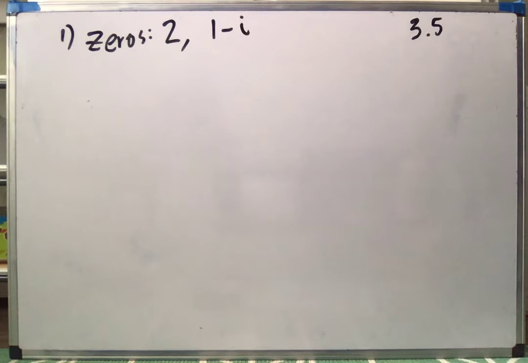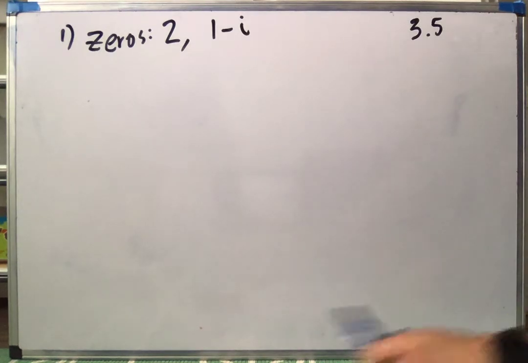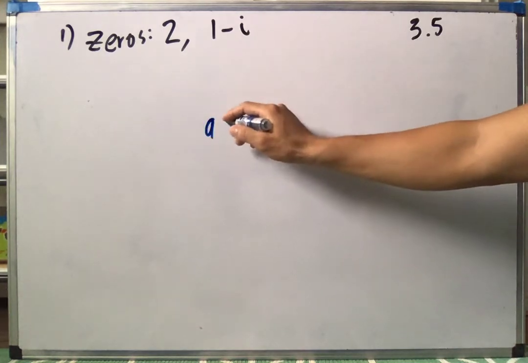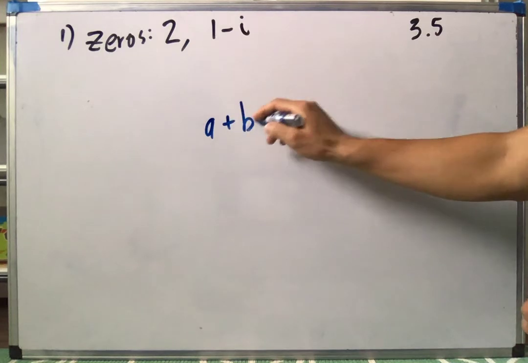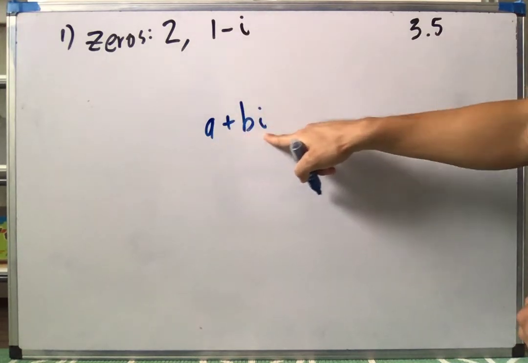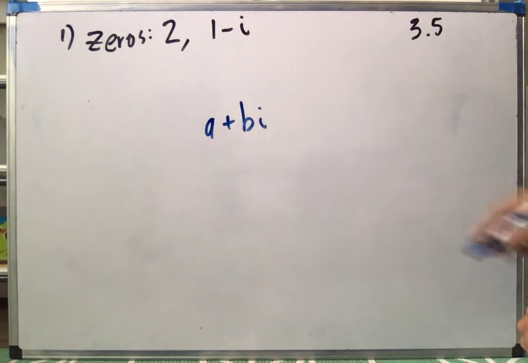Okay, the first question. Actually, before we do that, I guess we should talk a little bit about what the theorem says. There's one main theorem that we're using here, which is called the Conjugate Zero Theorem. And all it says is if I have a complex zero, remember complex numbers are of the form a plus bi, where a is a real number and bi is some real number times i, a multiple of i.